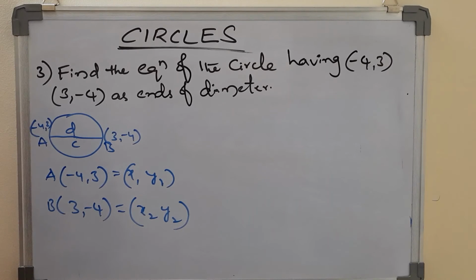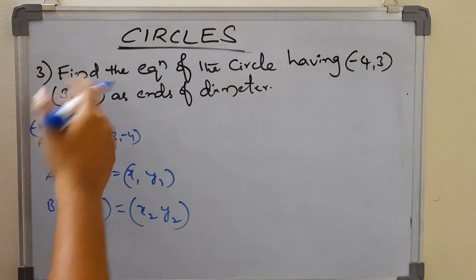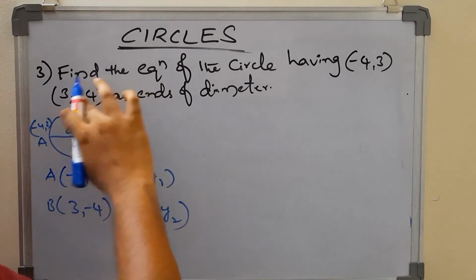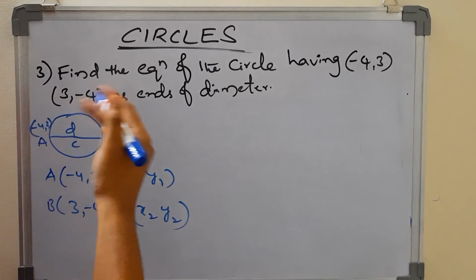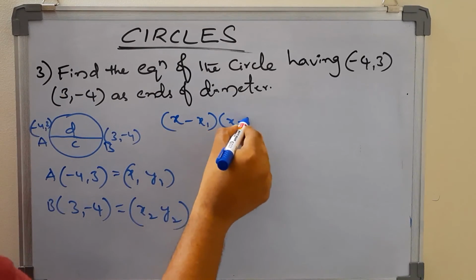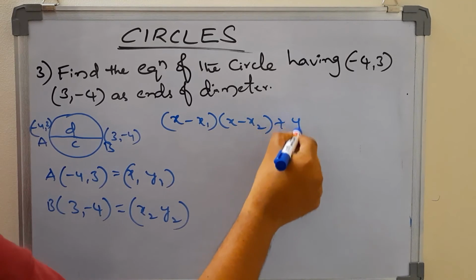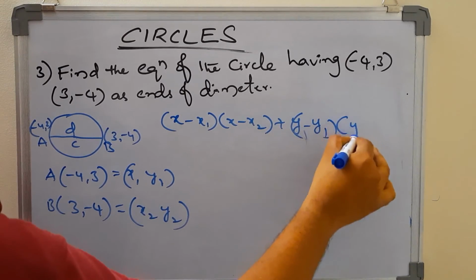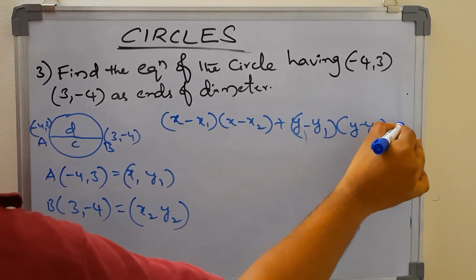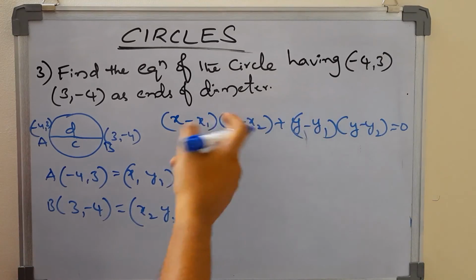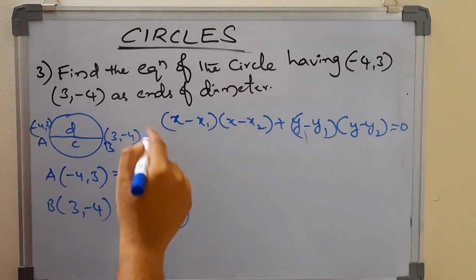We know the equation of the circle with ends of the diameter. So what is the equation of the circle when the ends of the diameter are given? (x minus x1)(x minus x2) plus (y minus y1)(y minus y2) is equals to 0. Substitute the values of x1 y1 x2 y2 in this equation.